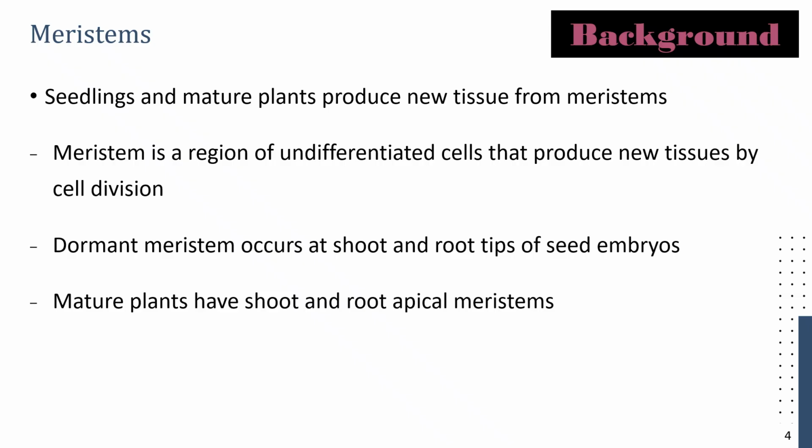The meristems can remain dormant, but they can then activate when it's growing season and time to produce those new shoots and roots. Generally, they're going to be at the tip. So for example, the root tip is a meristem that is producing root tissue. Shoot tips are producing our leaves and our branches.